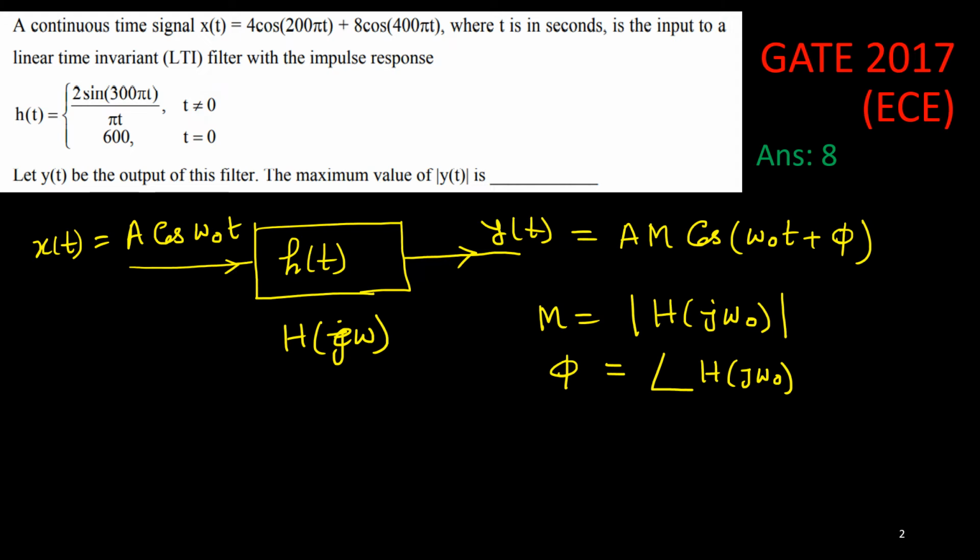Now you see here the system h(t) is given in this form, and that is a sinc function, sine omega naught t upon pi t.